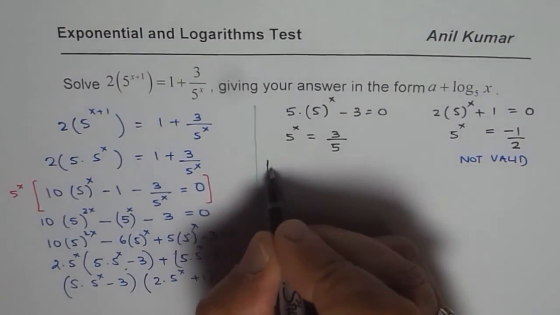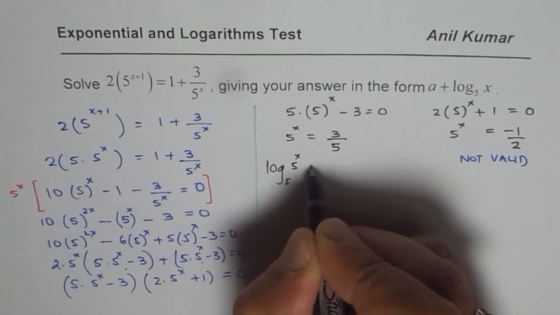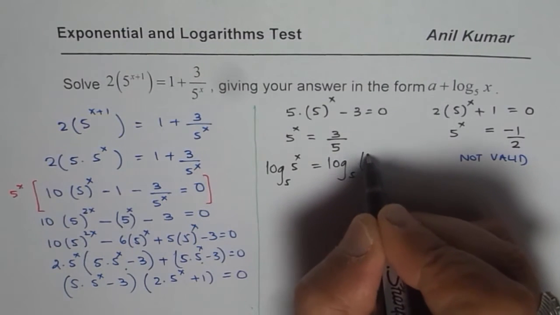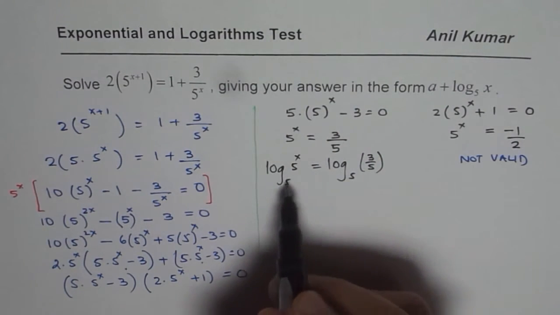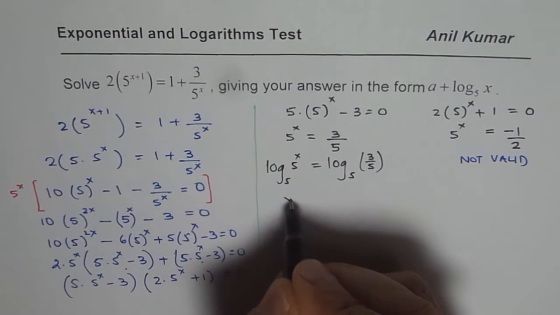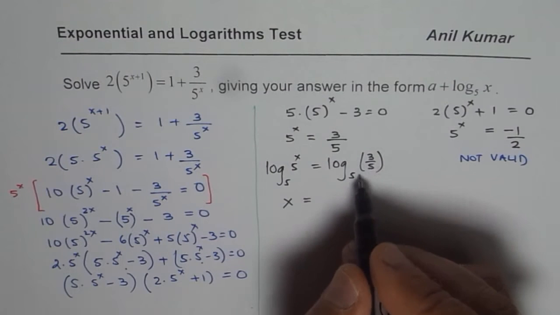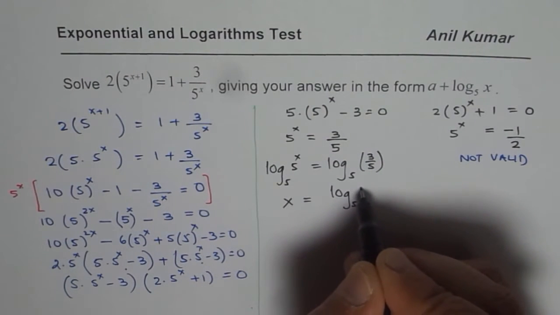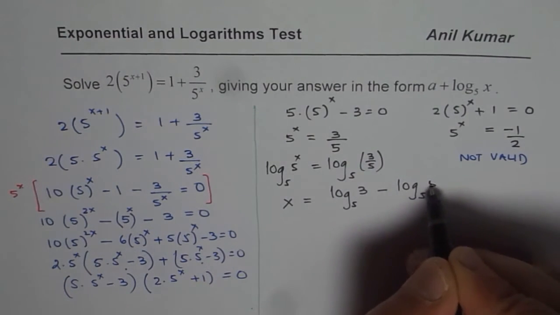So I'll take log to the base 5 of 5 to the power of x, and log to the base 5 of 3 over 5, correct? So this could be written as x equals, using the properties of log, since you're dividing, log to the base 5 of 3 minus log to the base 5 of 5.